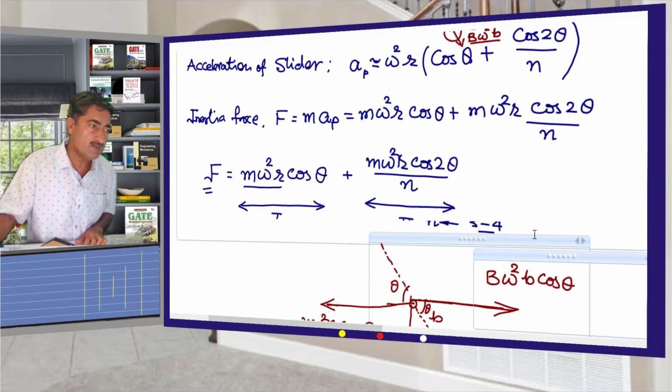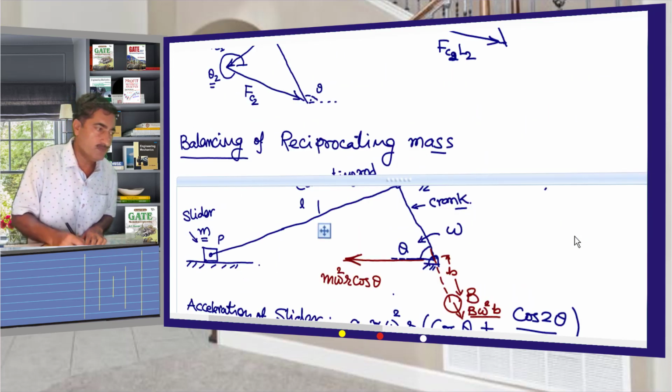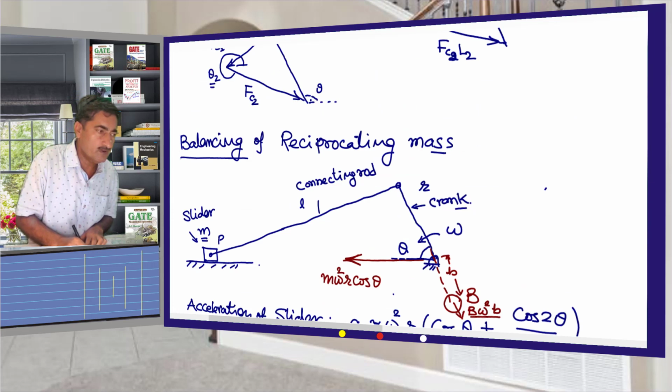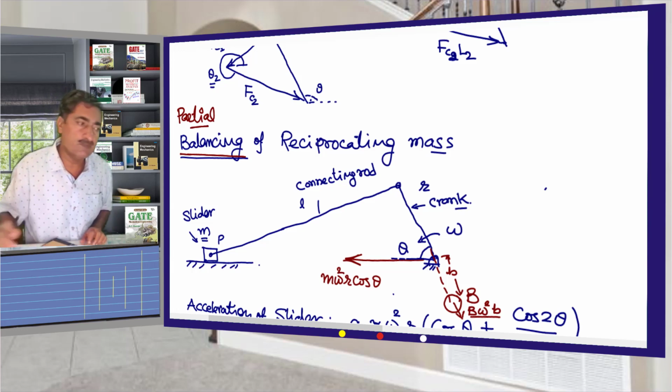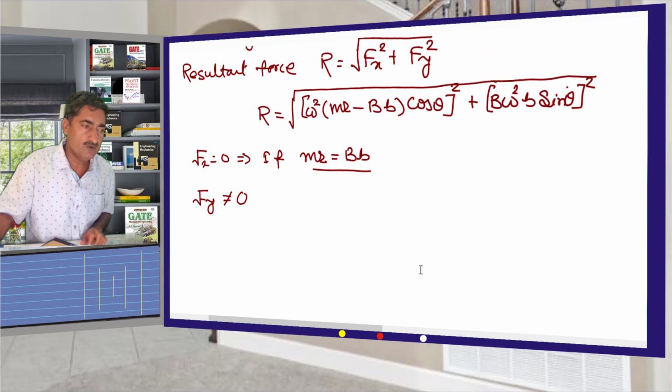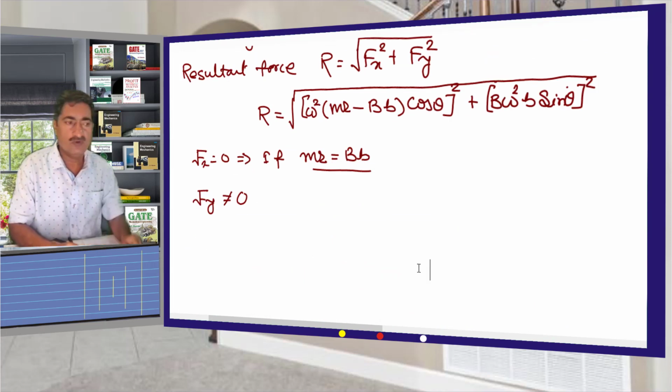So this is partial. The topic is not full balancing, but partial balancing of reciprocating mass.